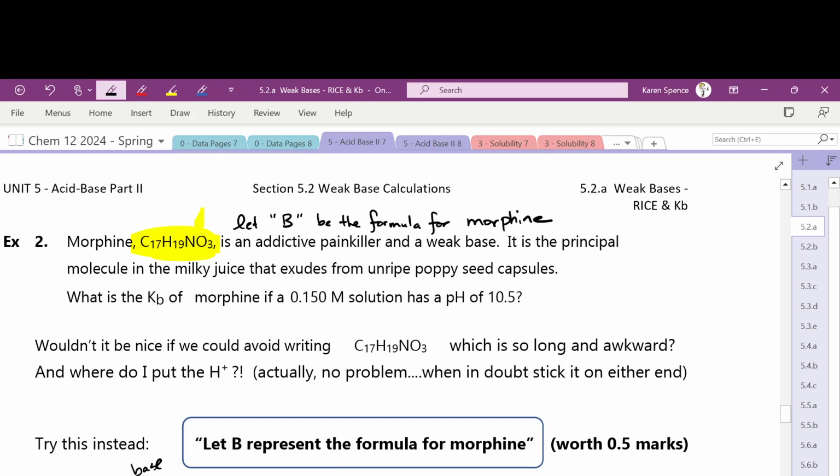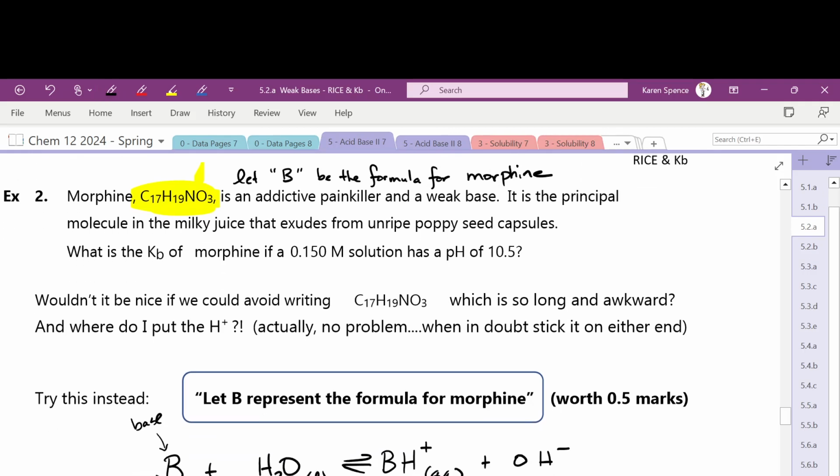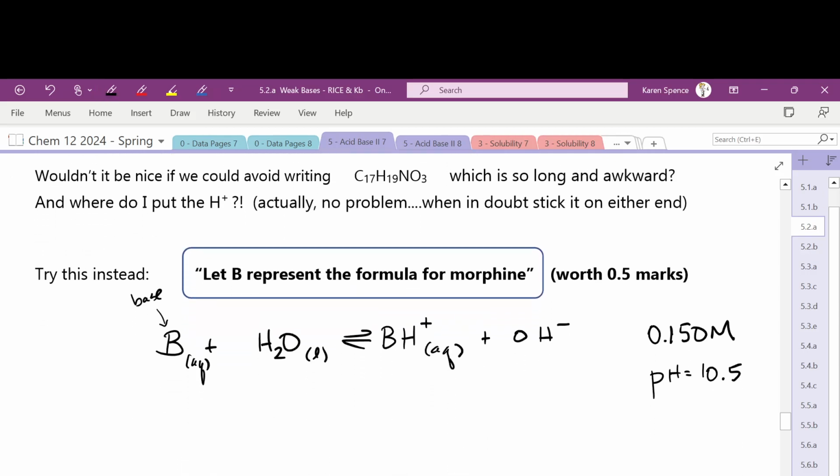Oh, this is a different kind of question. It asks you for the KB. Do you think you could solve for the KB? What is the KB if the 1.50 molar solution has a pH equal to 10.5?